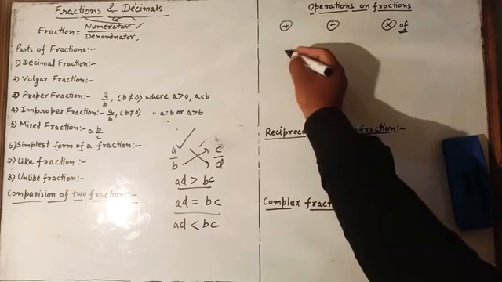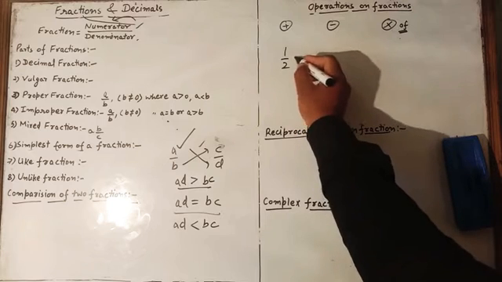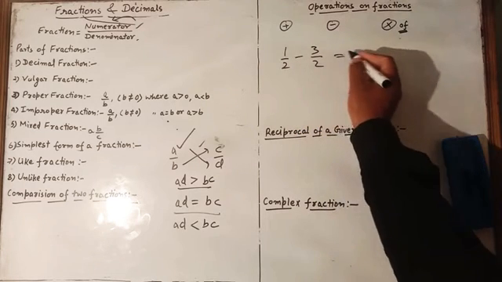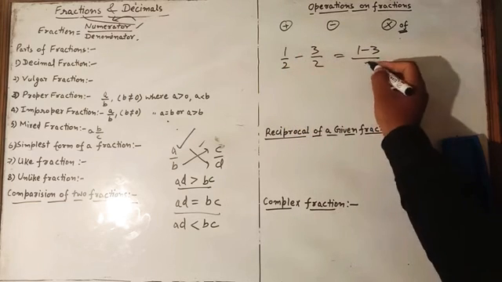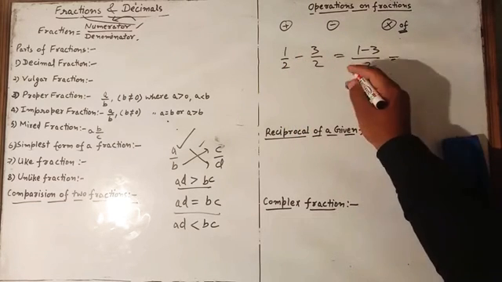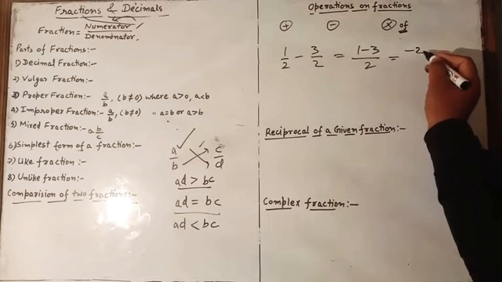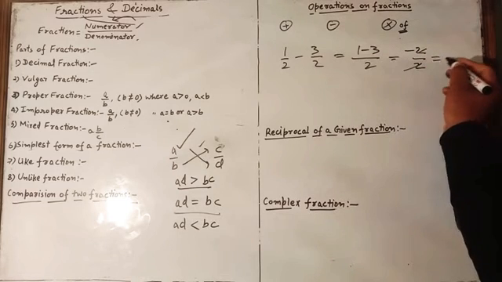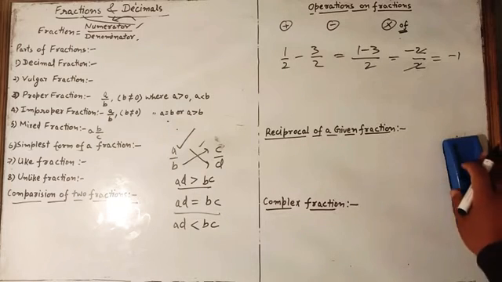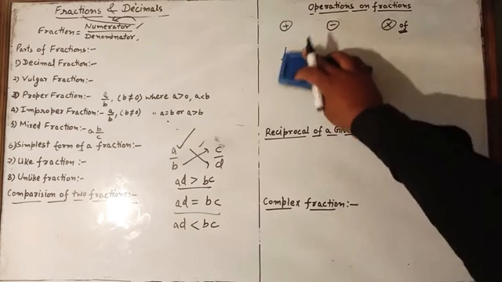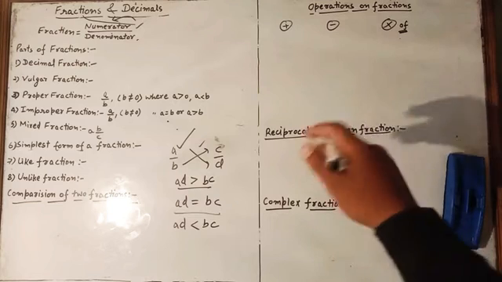If like fractions are 1 by 2 minus 3 by 2, we will subtract the numerators as they are and write denominator 2. So minus 3 plus 1 will be equal to minus 2 upon 2, that will be equal to minus 1. Or if the denominators are not the same, then again we will take the LCM, and as we have done in addition, the same we will do.